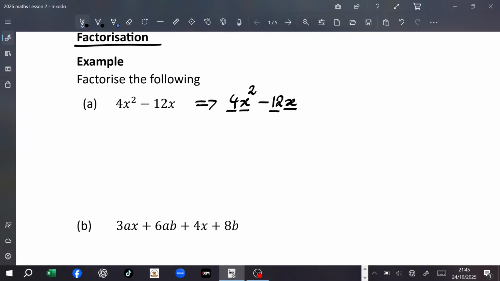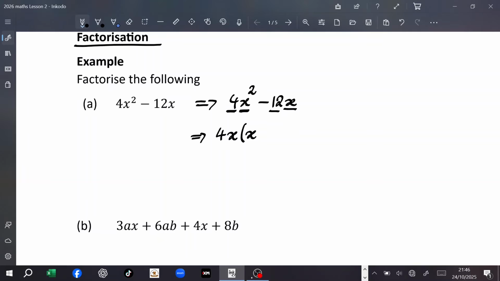Now that I have identified what is common, we set it apart. 4 is common and also x. Once we do that, we introduce the brackets. Where we had taken 4, nothing remains in terms of a number. And where we had taken x, 1x remains, because the x squared means there are 2 of them being multiplied, but 1 has been taken out.